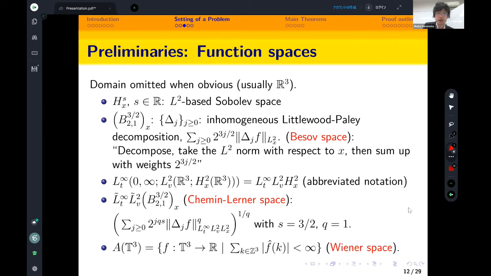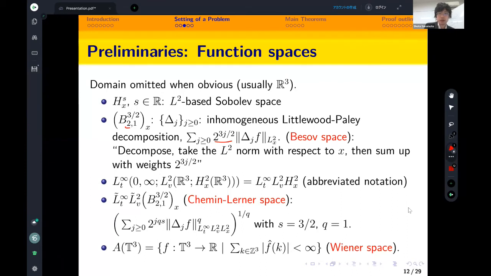If you are not familiar with this, please think of it as some kind of cutoff on the Fourier side. And the definition of the Besov space is that we first apply this cutoff, or decomposition, on the Fourier side and take the L2 norm, and this 2 corresponds to this 2, and take summation with this weight 2 to the something.